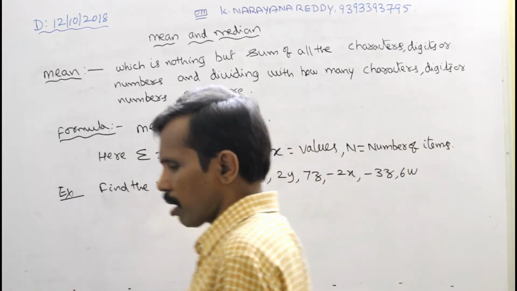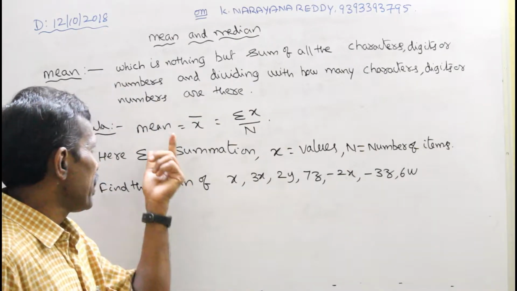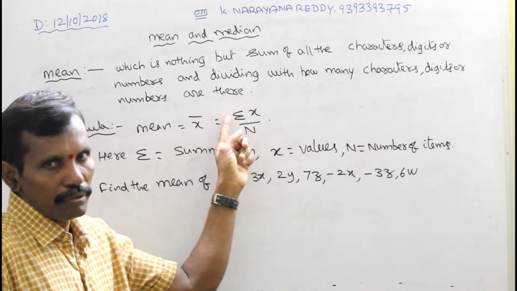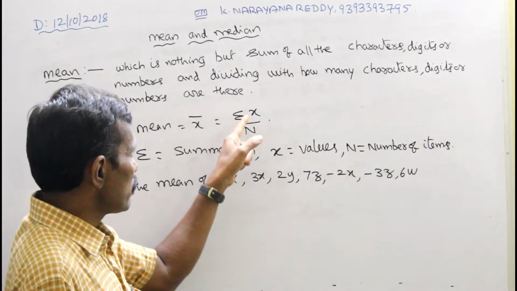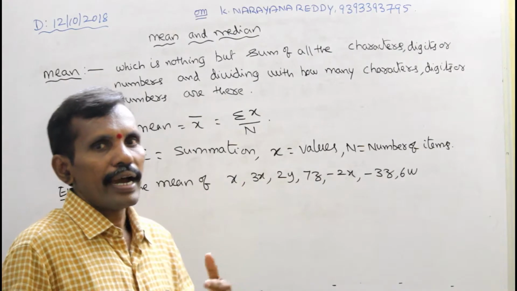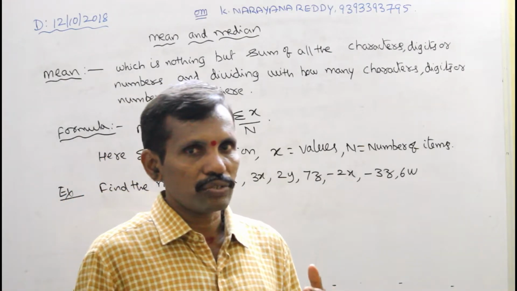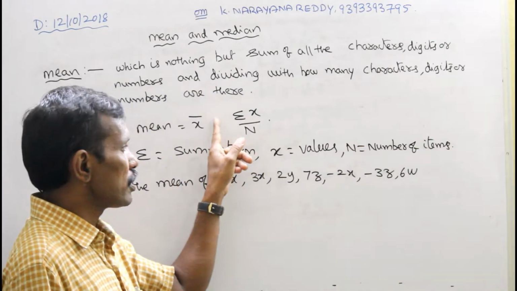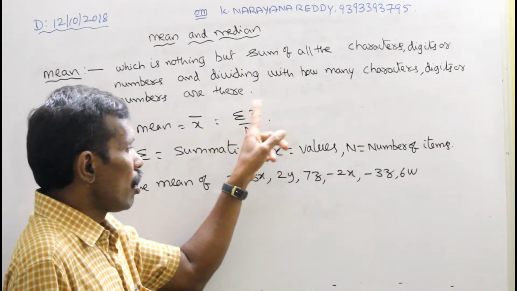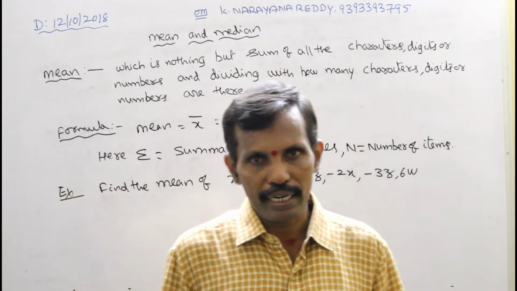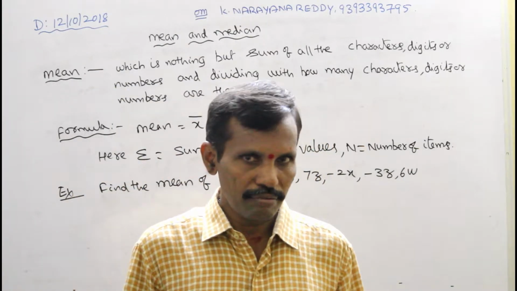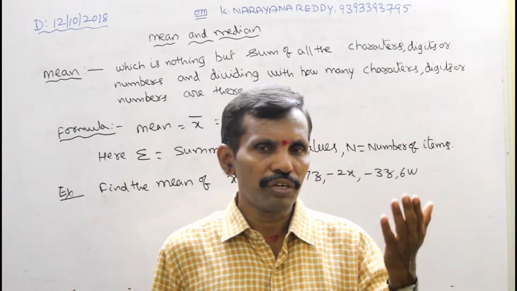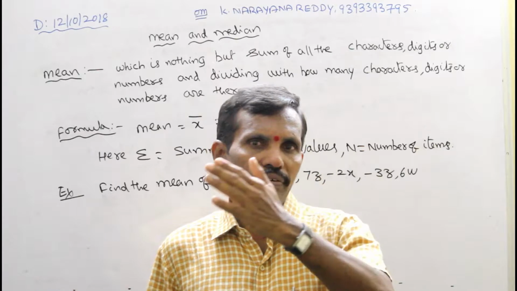Generally, the formula for mean is x bar equals sigma x by n. Sigma means summation, adding all the things. X is the values in the given data, suppose 6, 7, 19, 24, 100, 200, 350, 600.